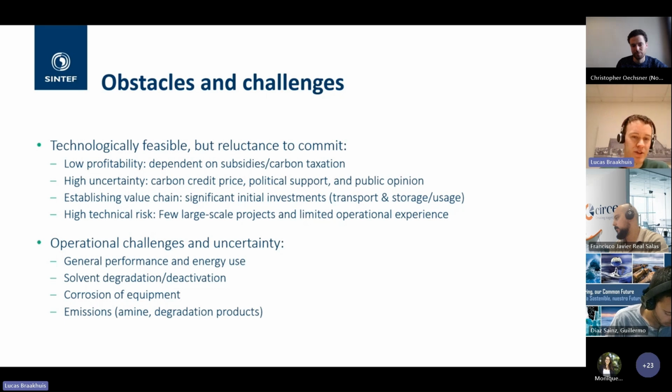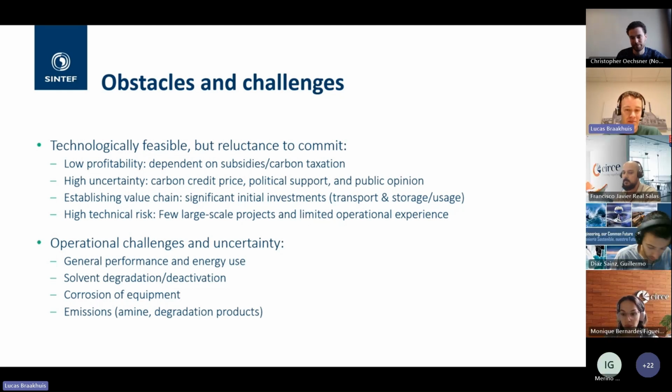So CO2 as a product, it's not as valuable as oil or other chemicals. So you can see that these type of projects really depend on subsidies or carbon taxation. There's a high uncertainty. We have a carbon credit price that is fluctuating, political support that is also fluctuating quite a lot. And it's also important to take public opinion into account.